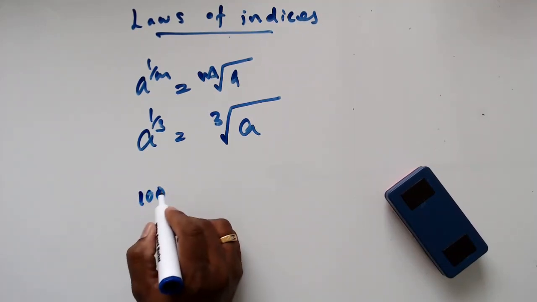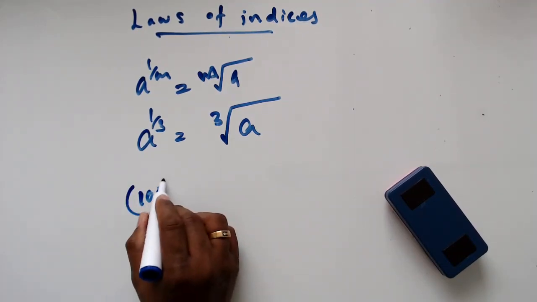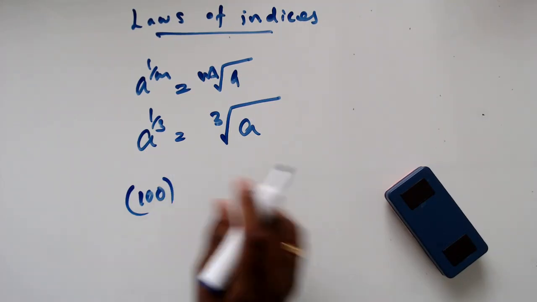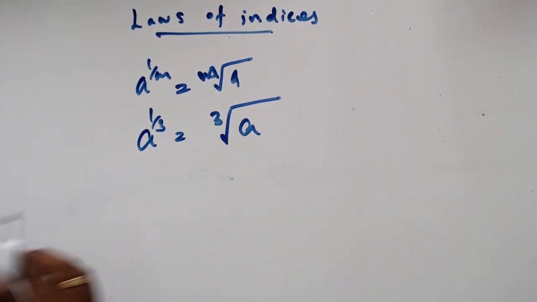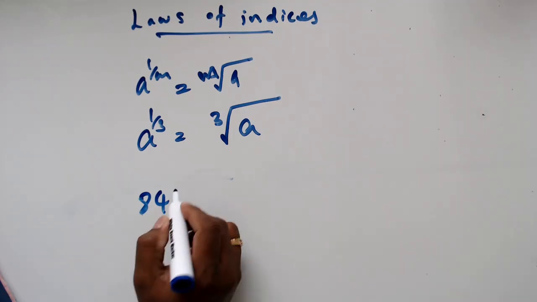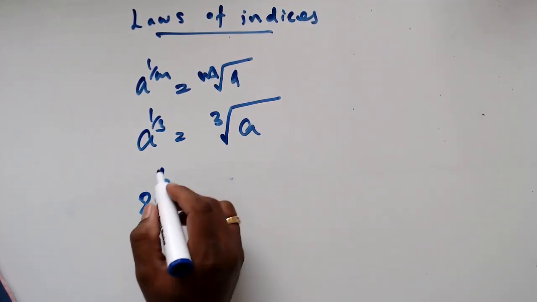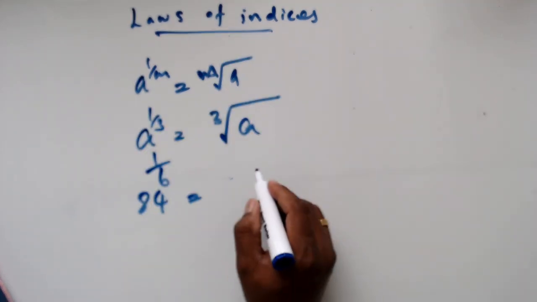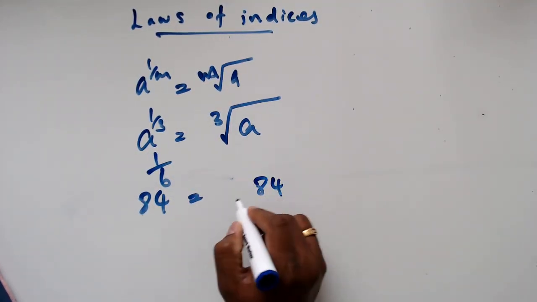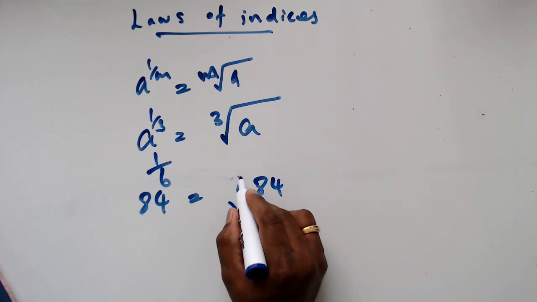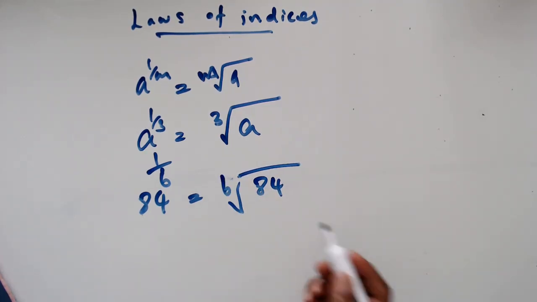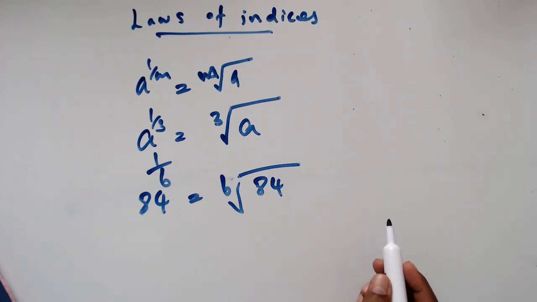And 8 to the power 1 over 6, you can write as the 6th root of 8. So this is a way of writing it, basically.